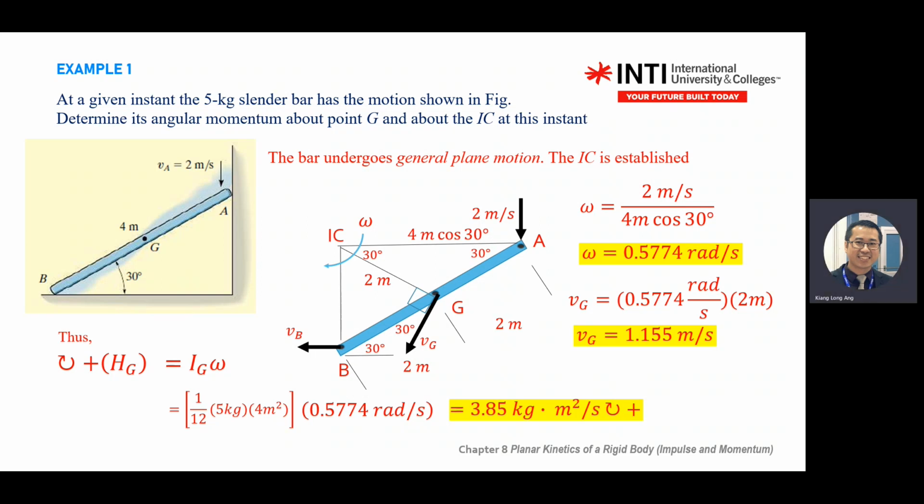Okay. So any question for example 1? Very easy, right? Okay. Just give you a heads up. Your final exam has 5 questions, 3 compulsory, and 4 and 5 will be one of the choice, right? So this is impulse and momentum, one is chapter 7.